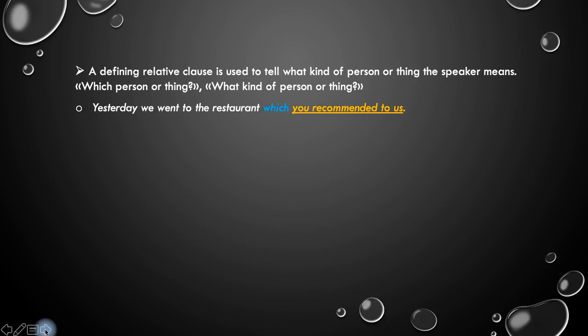Yesterday we went to the restaurant which you recommended to us. What kind of restaurant? The one that you recommended to us. Which or that you recommended to us. The relative clause comes after the noun it defines.